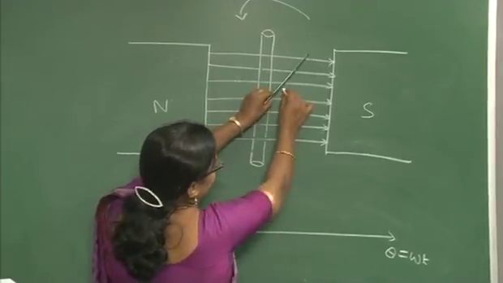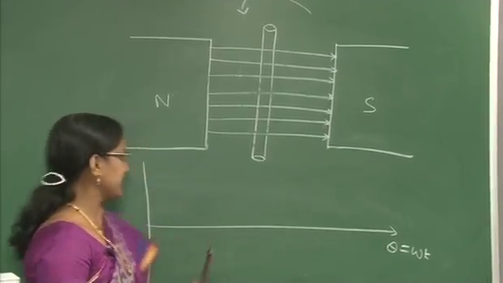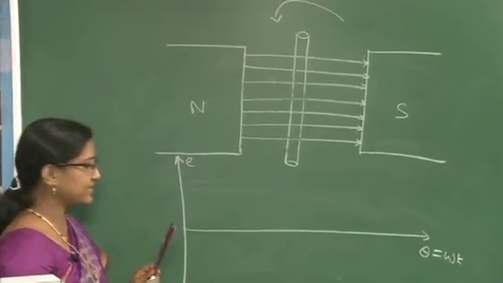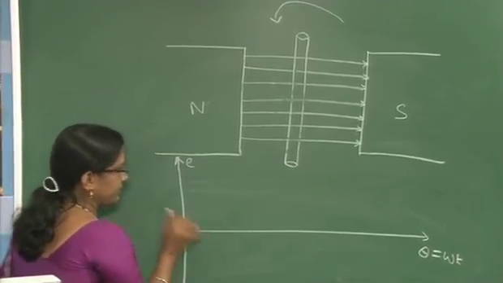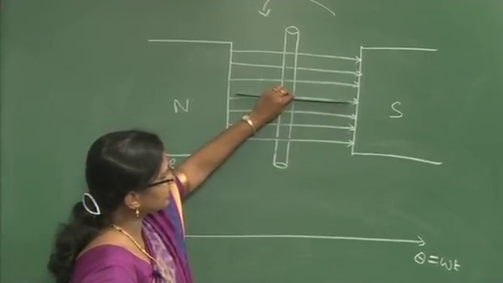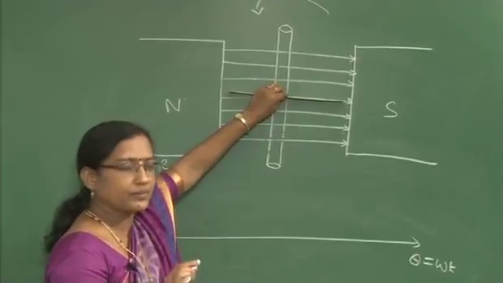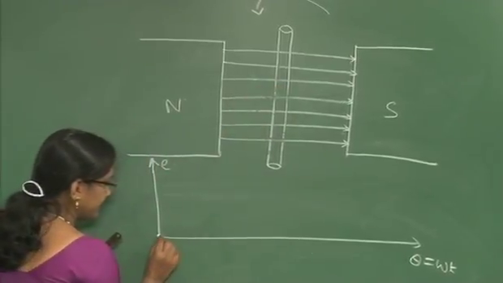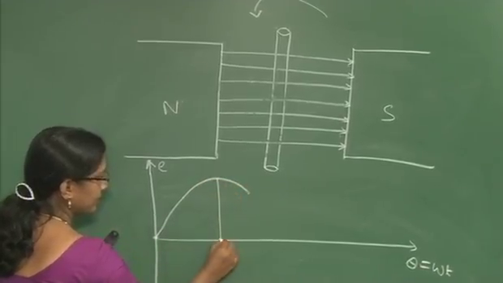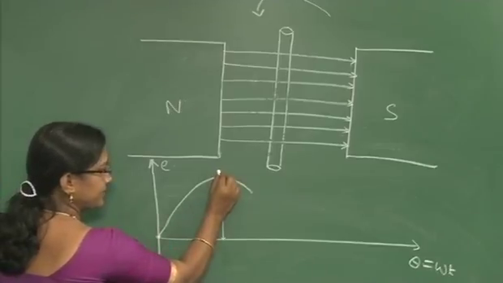When you consider theta on the x axis and the induced EMF E on the y axis, I already told you that when the axis of the conductor and the magnetic lines are parallel to each other, the EMF induced is 0. So it will start from here, and then at 90 degrees, when both are exactly perpendicular to each other, the EMF induced is maximum.